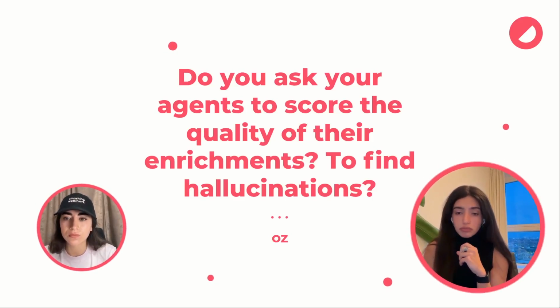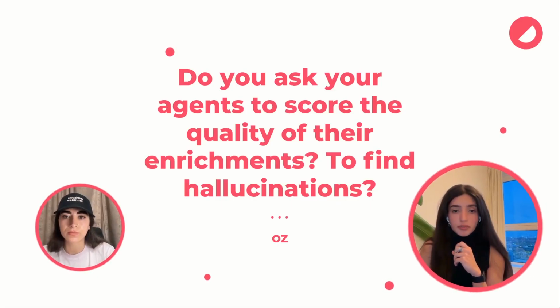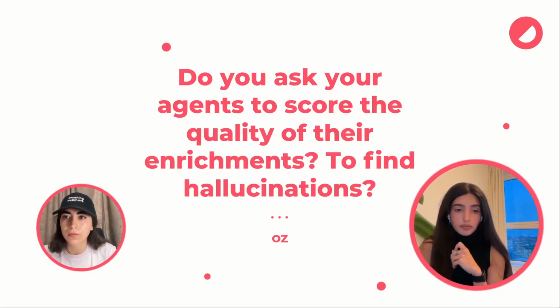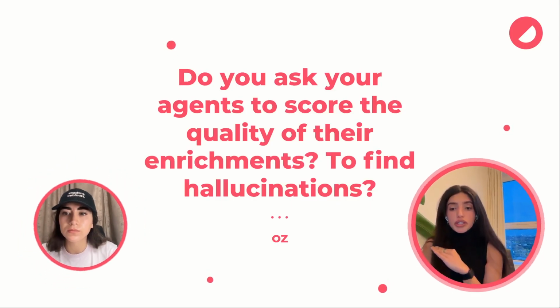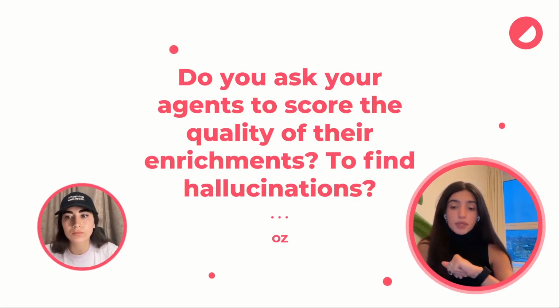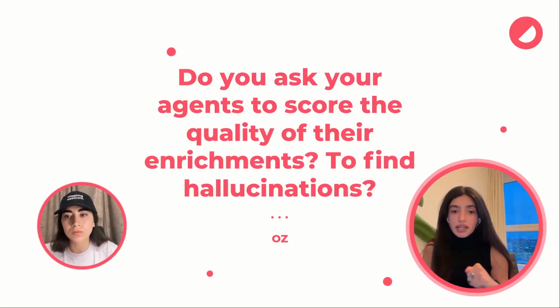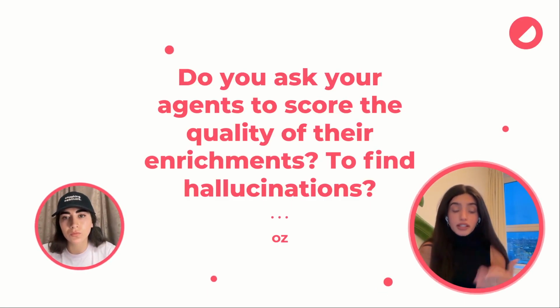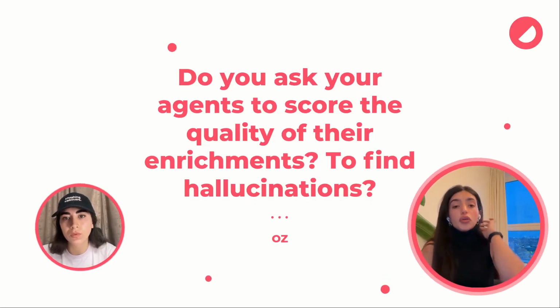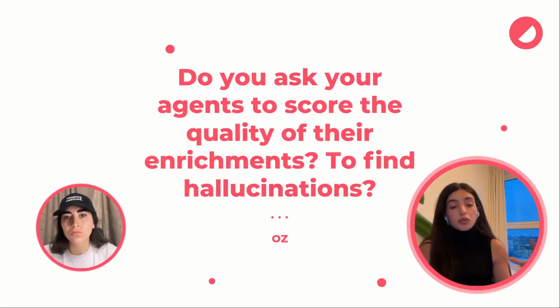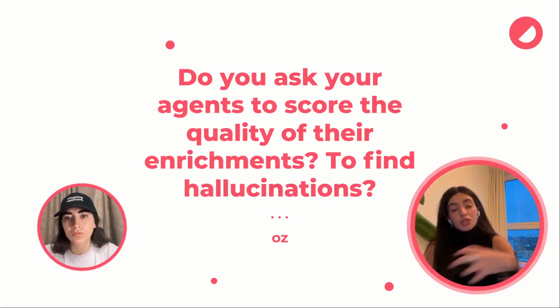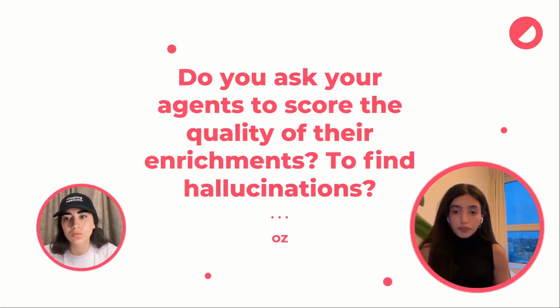Right now I'm not doing this. The only way I use it is like HubSpot lead scoring, to understand the quality of the content. But I don't do it with the agent itself. I do it with the final output that the agents provided.